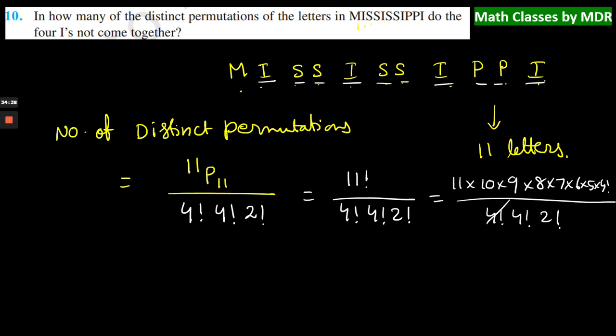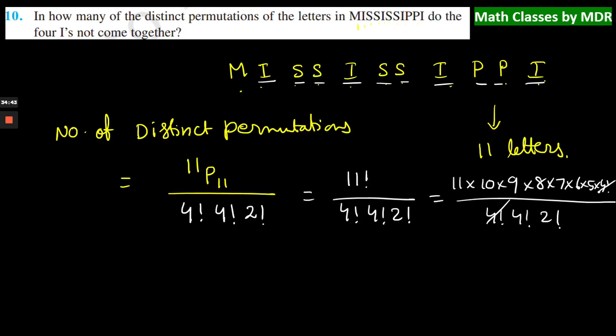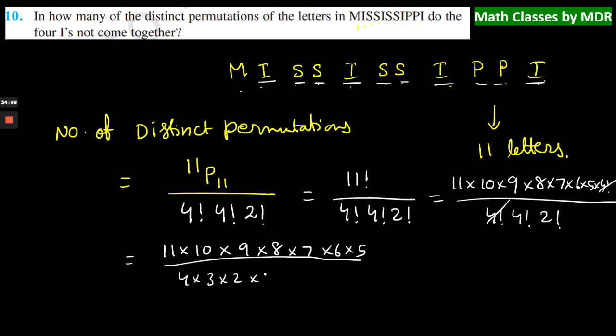So 4 factorial gets cancelled. Right. And then we have 4 factorial here. Maybe you can simplify it. 11 into 10 into 9 into 8 into 7 into 6 into 5, and then you can write 4 into 3 into 2 into 1 into 2 into 1, right?